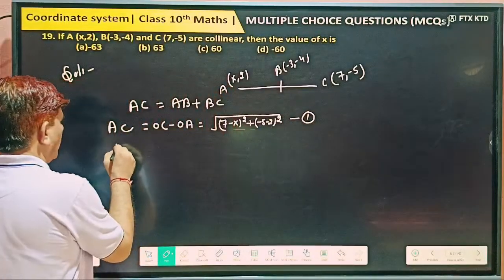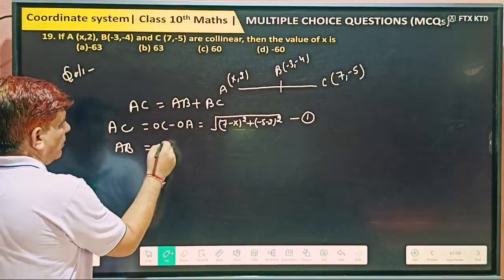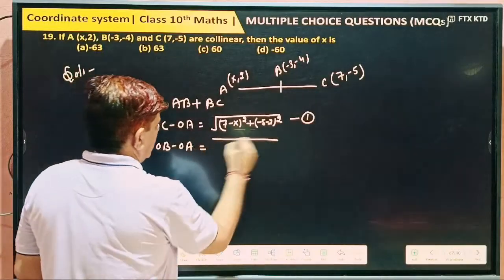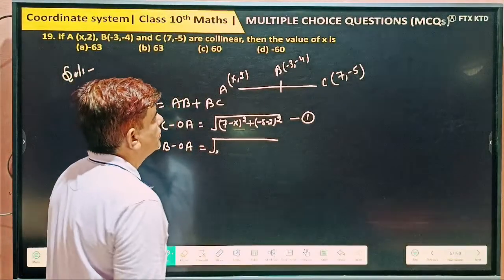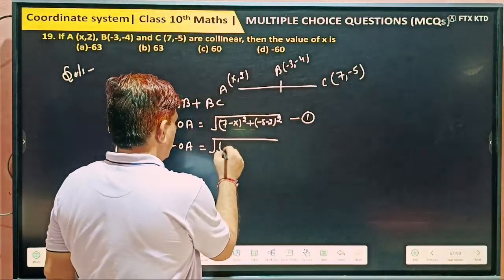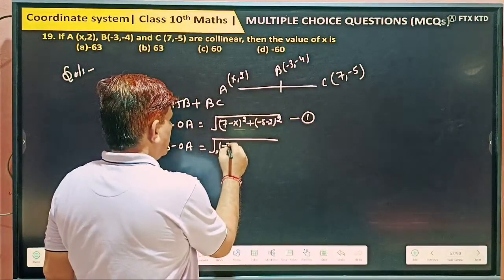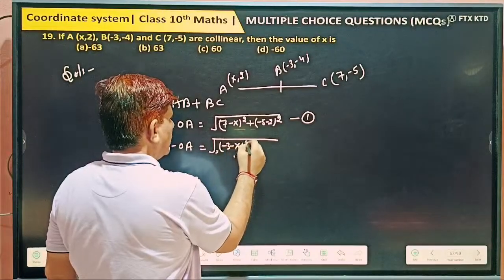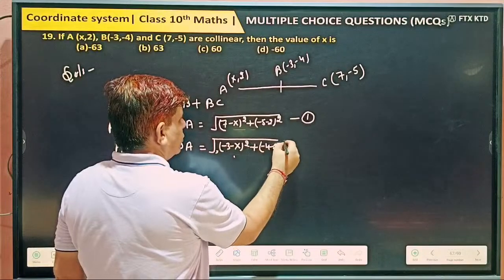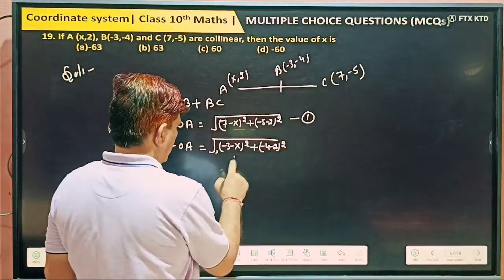Then find AB, which equals the square root of (-3 minus x) whole square plus (-4 minus 2) whole square.